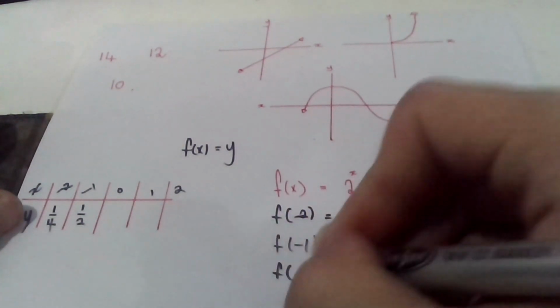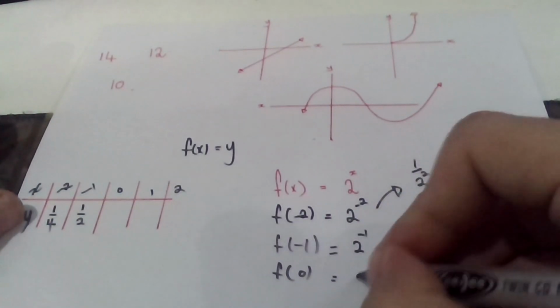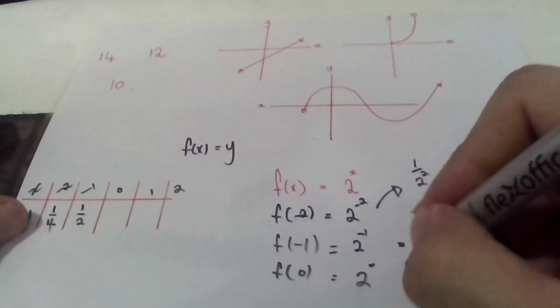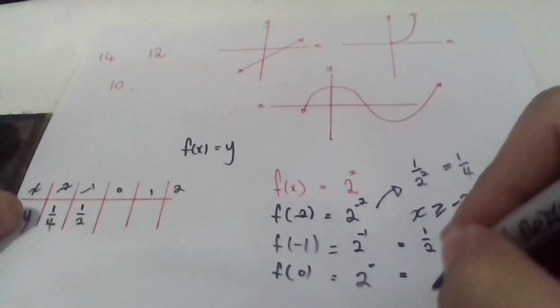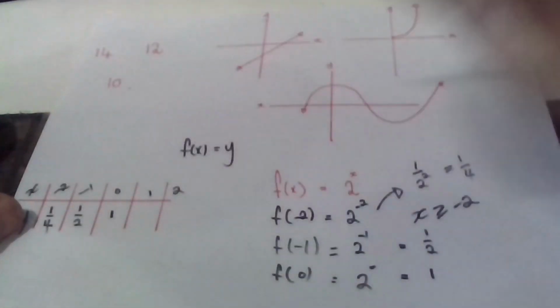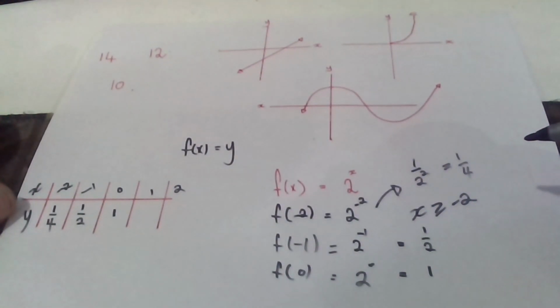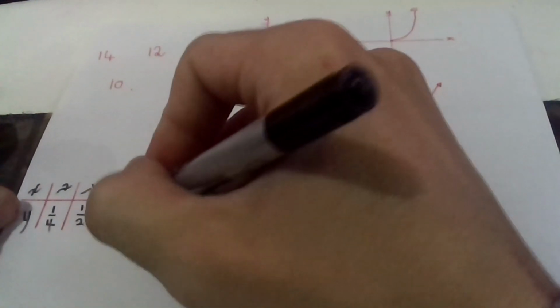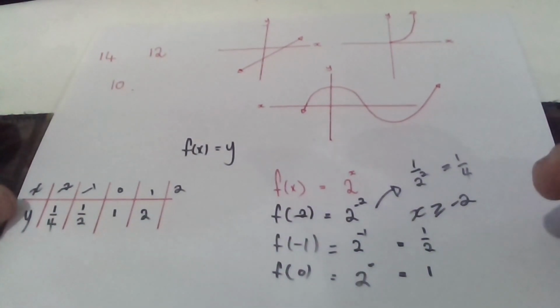Then I'm going to continue by placing in a 0. If I follow my exponential rules, anything to the power of 0 is equal to 1. Then I have 2 to the power of 1. What is 2 to the power of 1? That simply means the constant, 2.